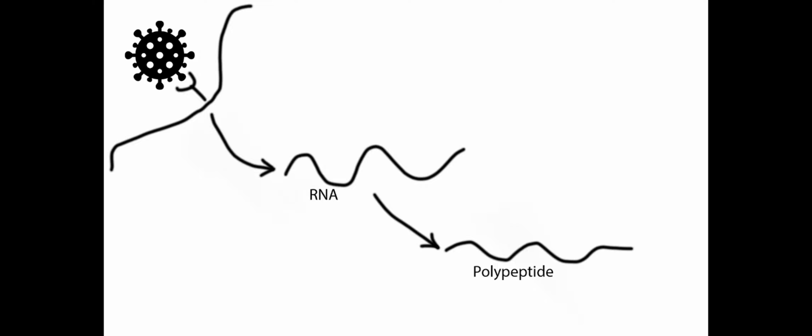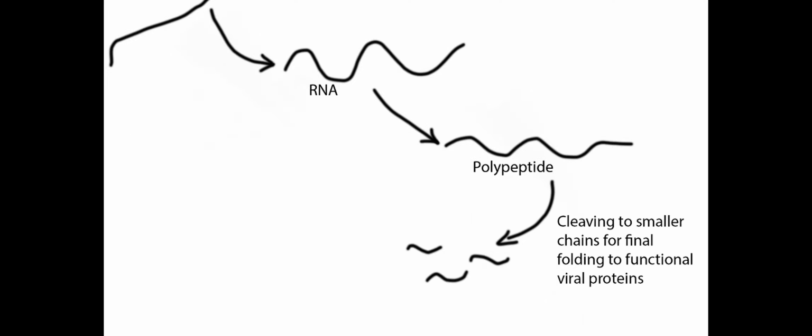And it's really that after that folding that proteins take on a 3D shape and are able to be functional viral proteins. Now, the COVID virus uses a protease called the M-Pro protein to cleave the polypeptide into smaller strands that ultimately fold to become the functional 3D structures of proteins that the virus uses.